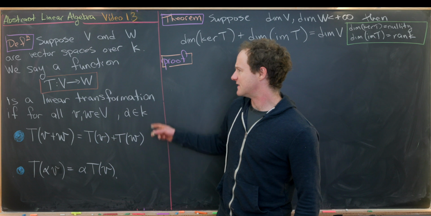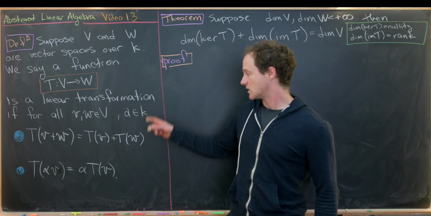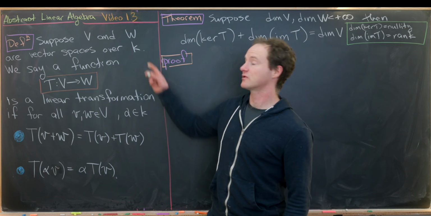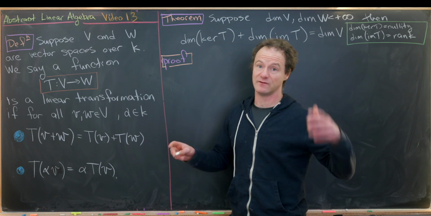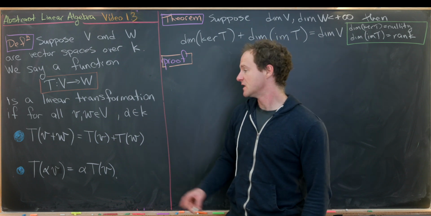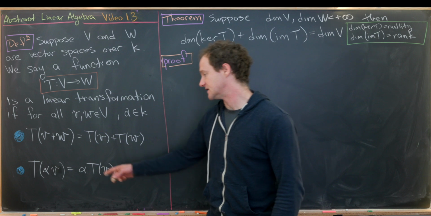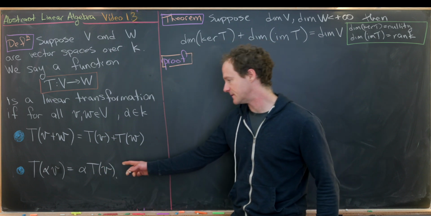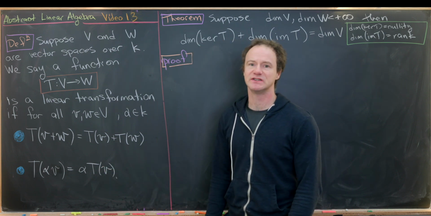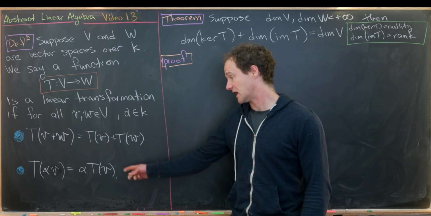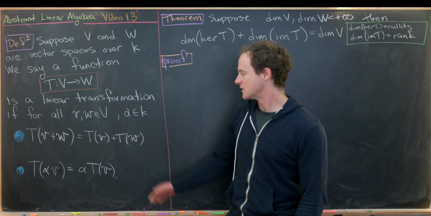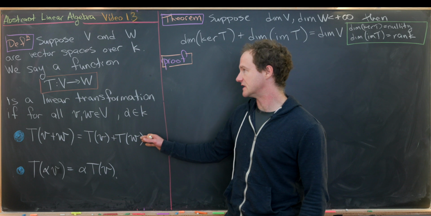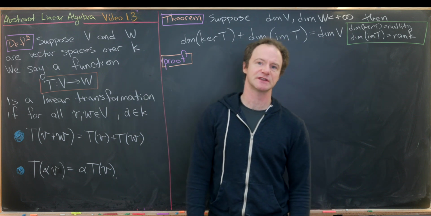So that means that this function is a homomorphism of the underlying additive group that the vector space is. And then T of alpha v is equal to alpha times T of v. So this is how the function T works alongside the scalar multiplication. Okay, so if we've got these two things, our function is said to be a linear transformation.